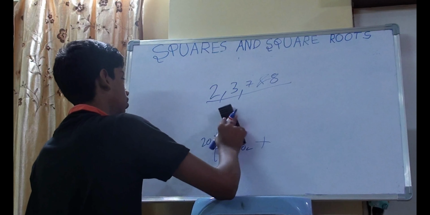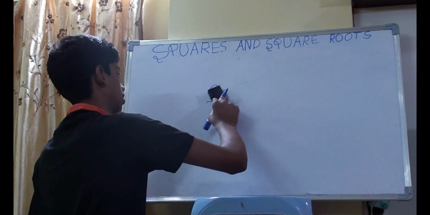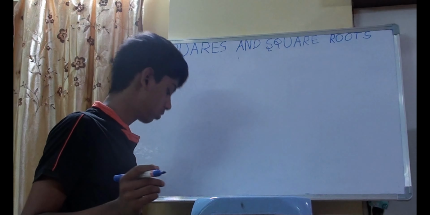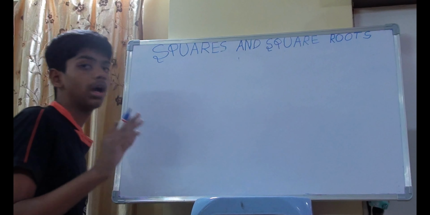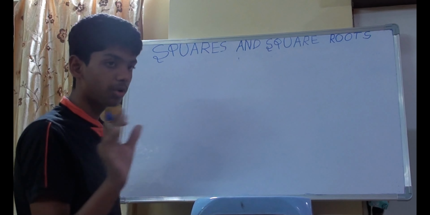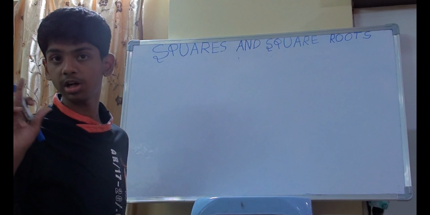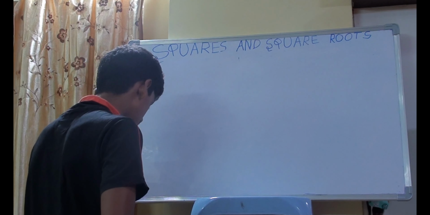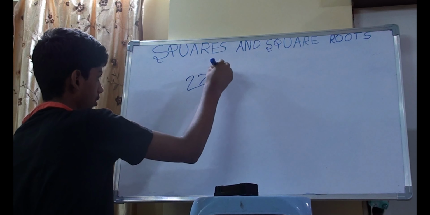Now we will do some questions on this topic. They might ask you to find the smallest number by which you should multiply a number to make it a perfect square. So they will give an imperfect square number. Suppose they give the number 2205.